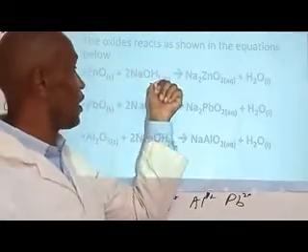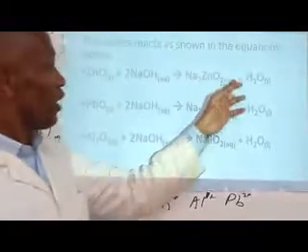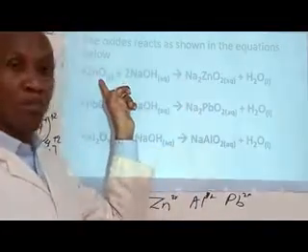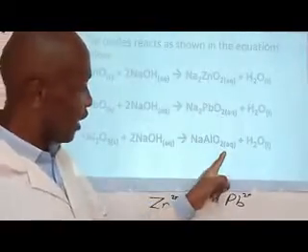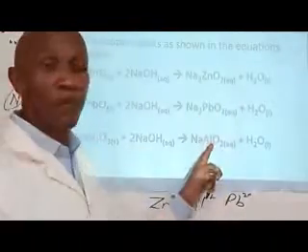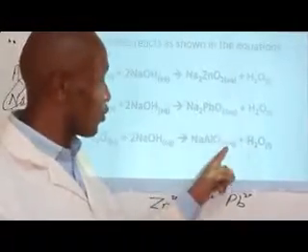If we are talking of zinc oxide with sodium hydroxide, zinc oxide being amphoteric, reacts with sodium hydroxide to form the zincate ion. Note that the coordination number is 2 for the oxide, and a water molecule is formed in the process.